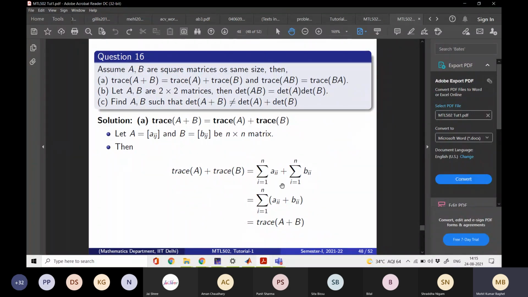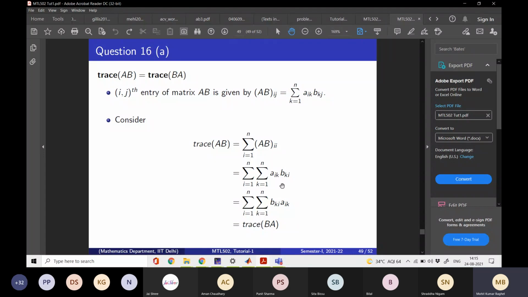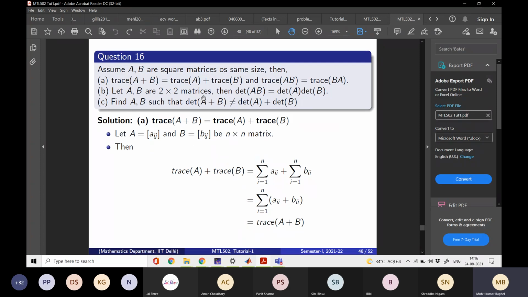In this way you can say, and for the product, you just keep in mind the ijth entry of the product matrix AB, because AB is also a square matrix. If A and B are two square matrices given, if A is Aij and B is Bij, then how do we write a general element of the product matrix AB?